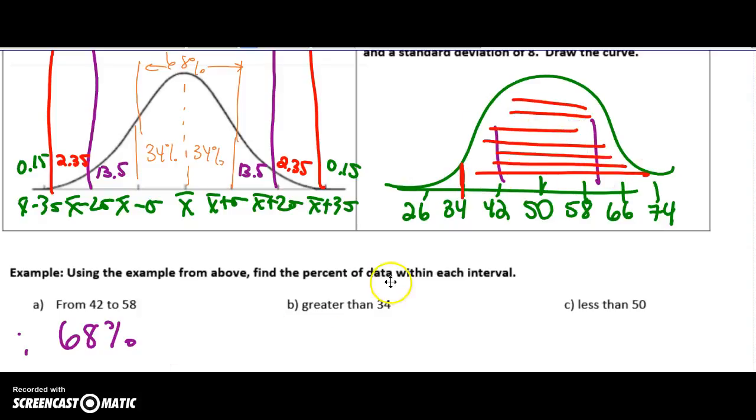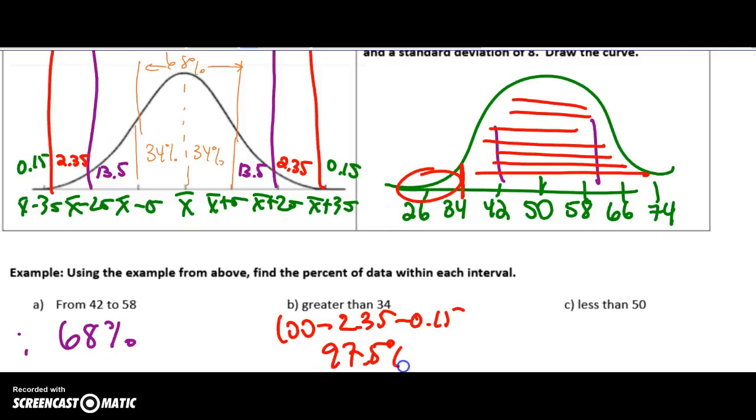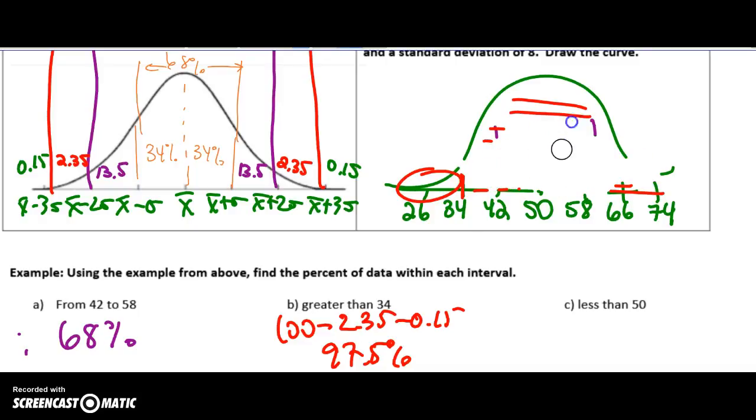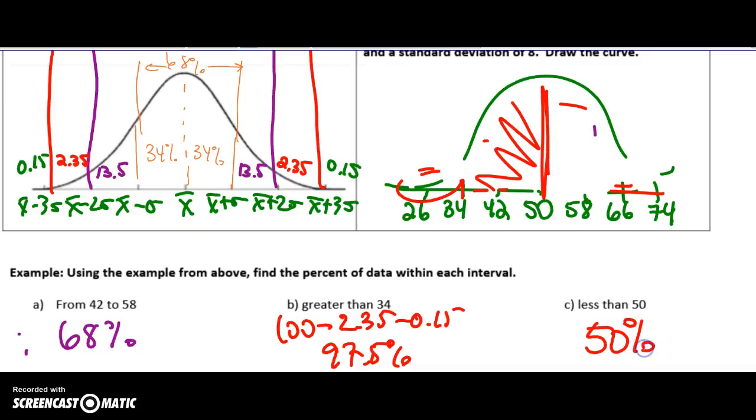So you could either take 100 minus this area, which is really minus the 2.35 minus the 0.15, to put us at 97.5%. Or, of course, we could add up all these probabilities to the right. And then last but not least, less than 50. Well, less than 50 puts us at 50 and everything to the left. And since that's right smack dab in the middle, that would be 50% of our data.